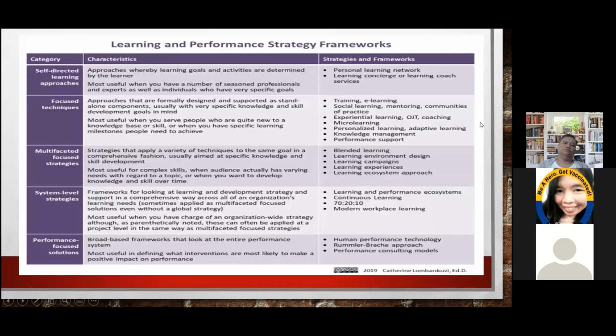This diagram shows the category of programs to be used, their characteristics, and the strategies and frameworks. Self-directed learning: approaches whereby learning goals and activities are determined by the learner.